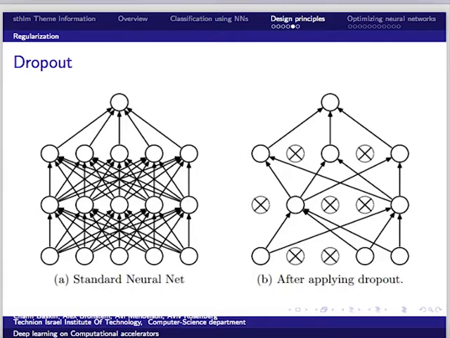Commonly we take a rate from 0 to 0.5, which is the fraction of connections that you remove. The distribution for sampling connections is normally Gaussian or Bernoulli, to decide which connections to remove.